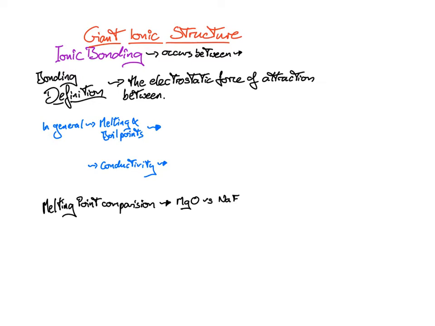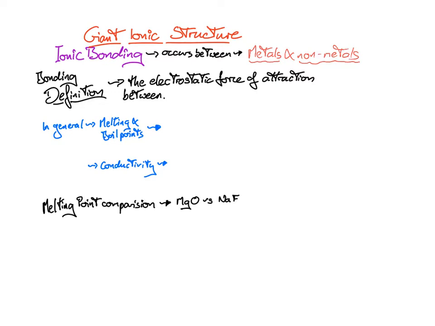So, let's just have a quick recap on ionic bonding. Ionic bonding occurs between metals and non-metals. Metals have a tendency to lose electrons, non-metals have a tendency to gain electrons. The phrase we use at GCSE is energetically favourable to.